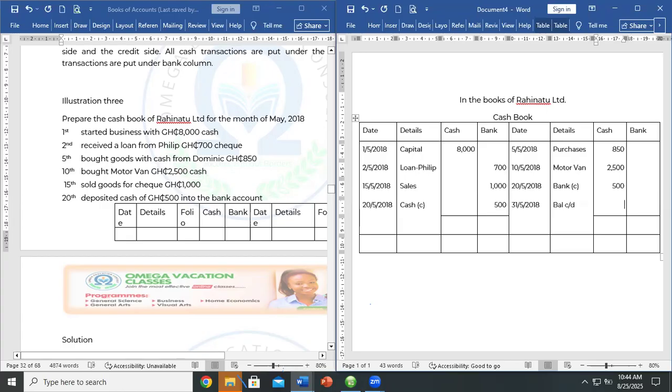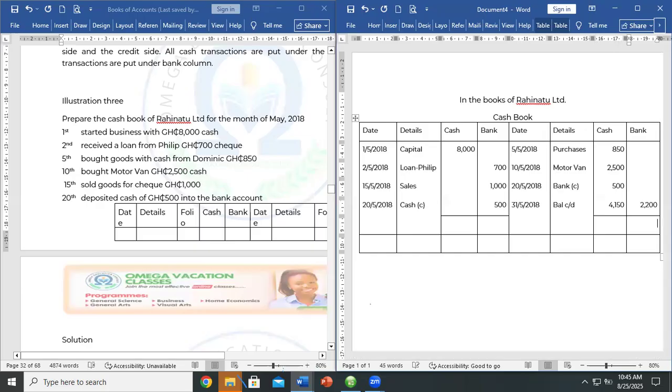That will be 4,150. So that's for the cash column. Then you do the same for the bank column and get the total, the carry down. For the bank, on the debit side, we have 700 plus 1,000, that's 1,700, plus 500, that's 2,200. And this side is 0, so the carry down will be 2,200.